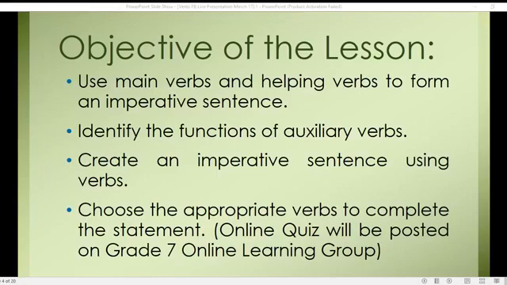So use main verbs and helping verbs to form an imperative sentence, to identify the functions of the following auxiliary verbs, and to create an imperative sentence using verbs.